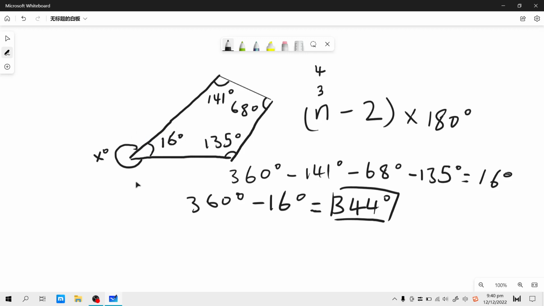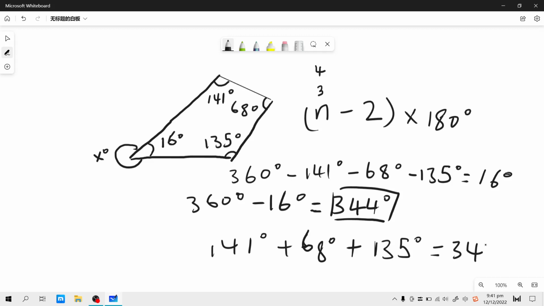So if you cancel out the D over here, it says A plus B plus C equals 360 minus D. And the same goes for this: E equals 180 degrees minus D. So you'll find out that these three angles equal X. So just say 141 degrees plus 68 degrees plus 135 degrees actually equals 344 degrees.